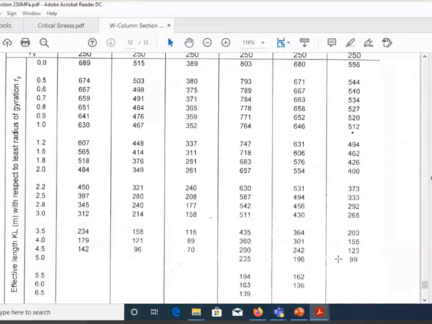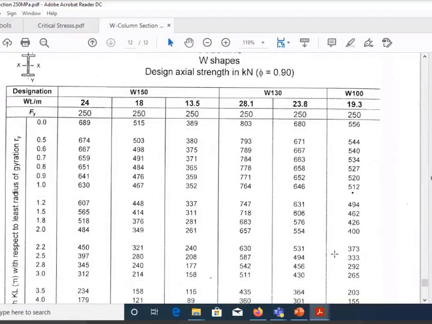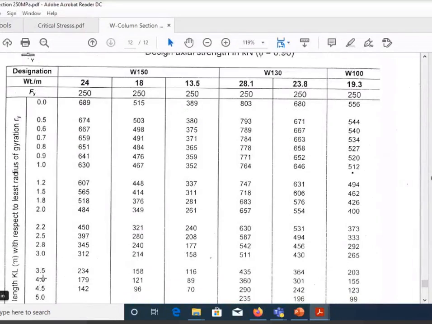So we will start from the bottom. For effective length 4, all sections on this page, starting from the bottom, have a capacity less than 975 corresponding to effective length 4 about the y-axis.